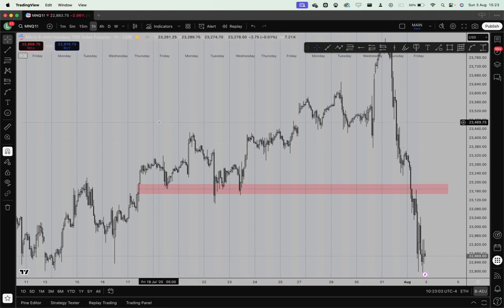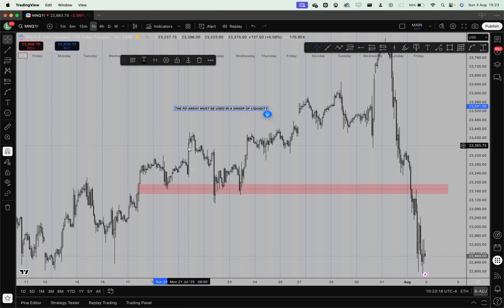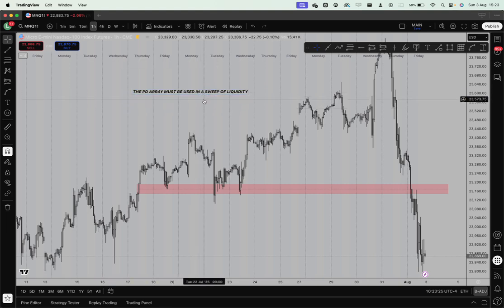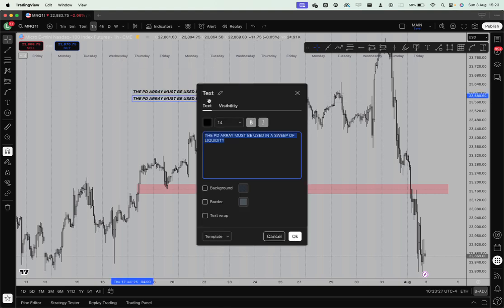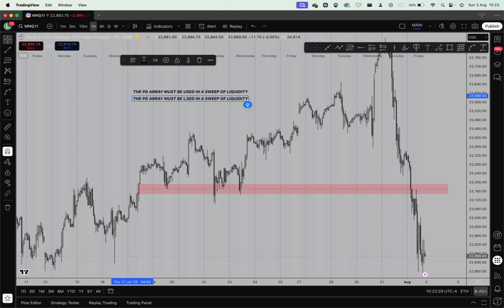Now, the most important thing to look for in these PD arrays is the PD array must be used in a sweep of liquidity. Okay, now what I mean by that is we must use the first PD array in the sweep of liquidity. So it must be the first PD array in the sweep.